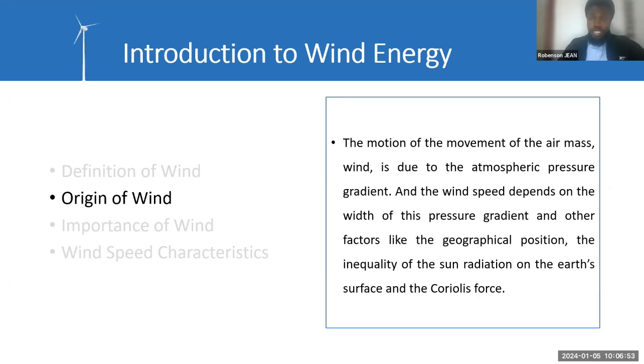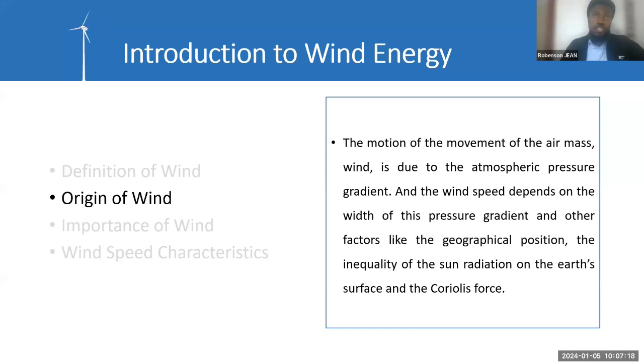In this case, the motion of air is due to the difference of atmospheric pressure. So why do we have a difference in atmospheric pressure? This is due to the inclined position of the Earth.